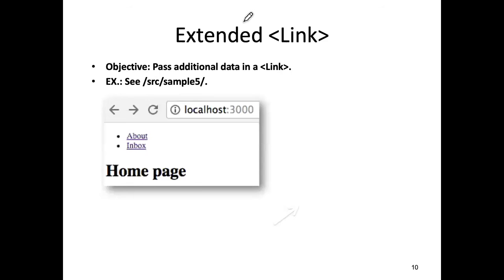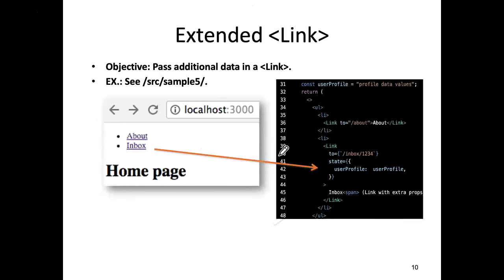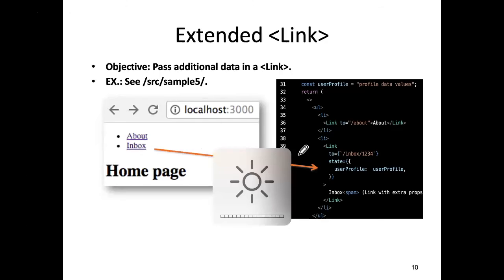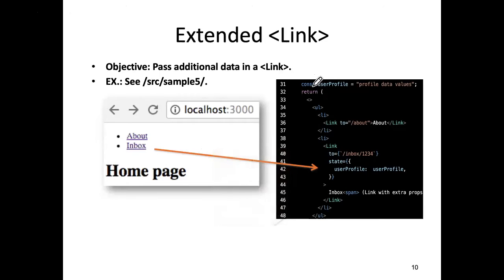So this is sample 5 we've moved on to, and it's a made up sample really, but here's my home page with my inbox hyperlink. And here's the implementation of the hyperlink. It's really just arbitrary stuff, but let's suppose I've got some piece of data.